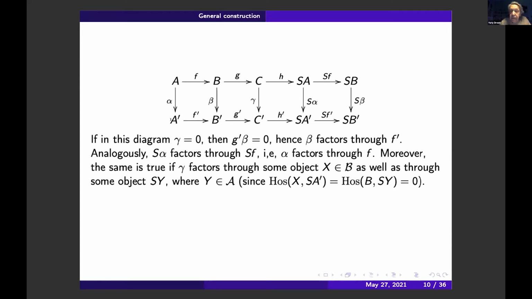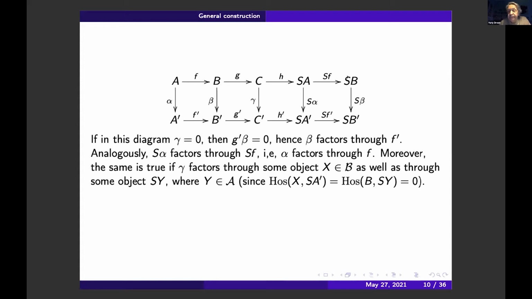So beta can be factored through F prime. In this way, S alpha H is also zero.